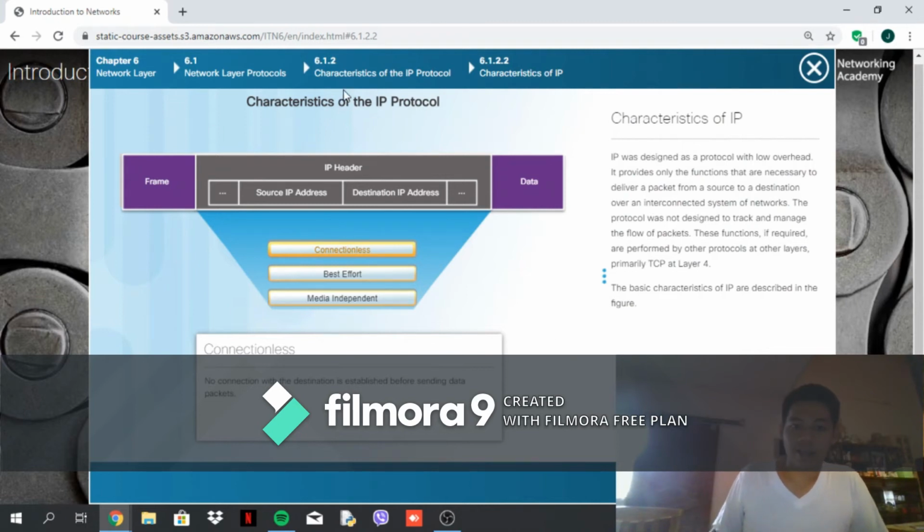Here, guys, I'm telling you the IP encapsulating both IP protocols. Here: connectionless, best effort, and media independent.